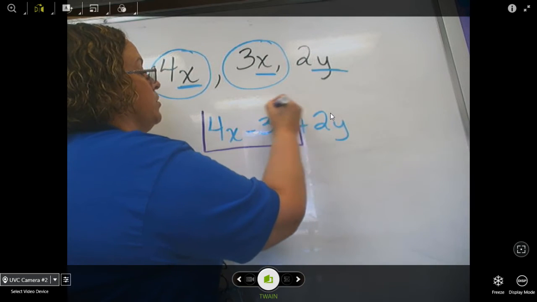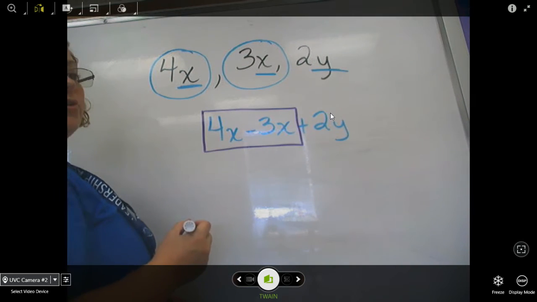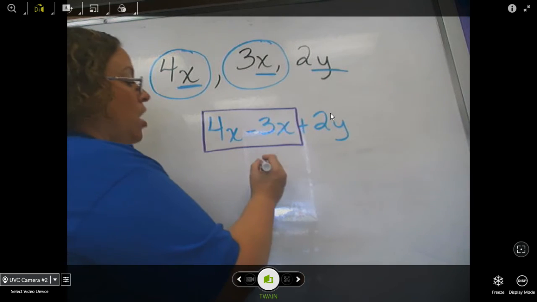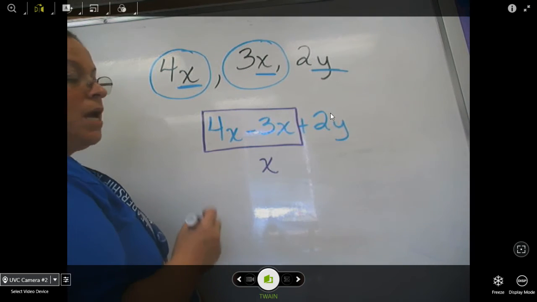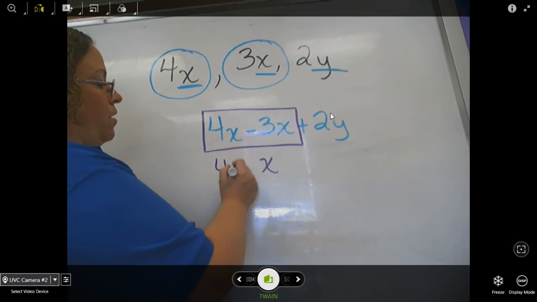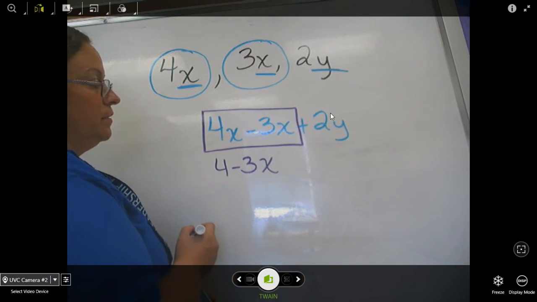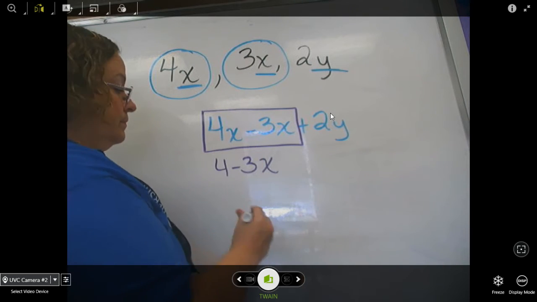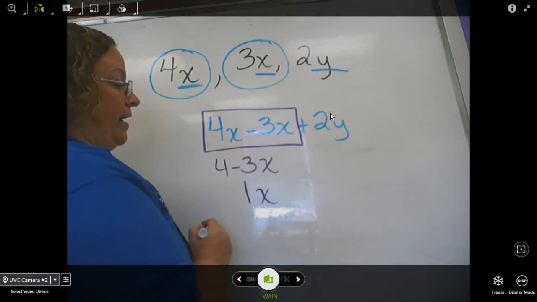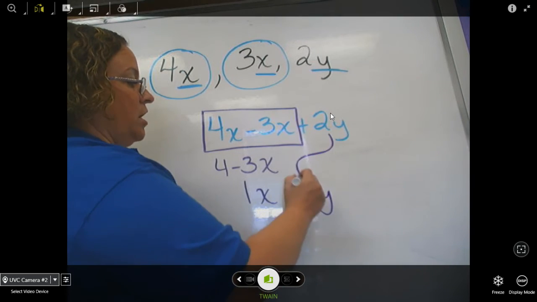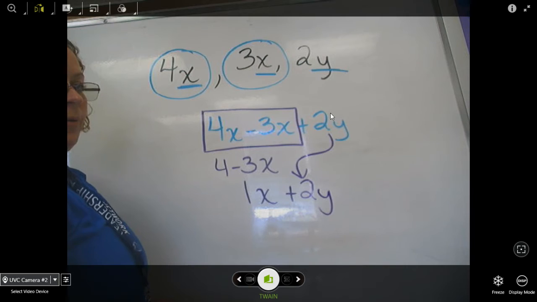So what I like to do is have my students either circle, box, whatever. So now, I know I'm going to have an x. What you do now is you come over here and you say, okay, what's 4 minus 3? 4 minus 3 is 1. So I have 1x and then plus 2y. This just comes down because it has nothing to be combined with.